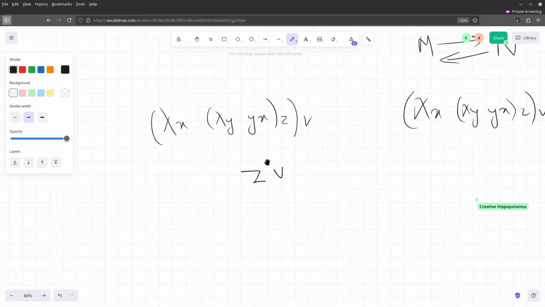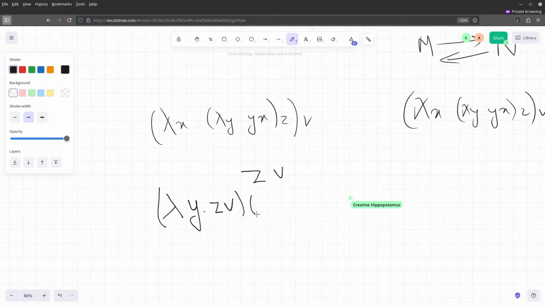For example, we can do this thing. Can it be reduced to nothing, or to an arbitrary term? Because we don't use the y, it can be beta reduced to zv. So we can.